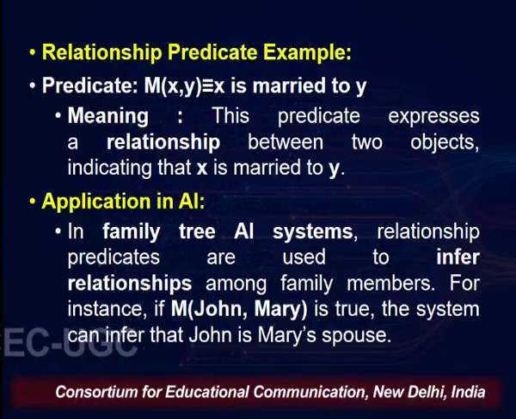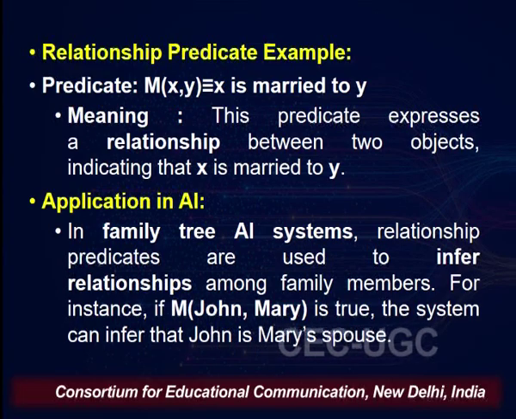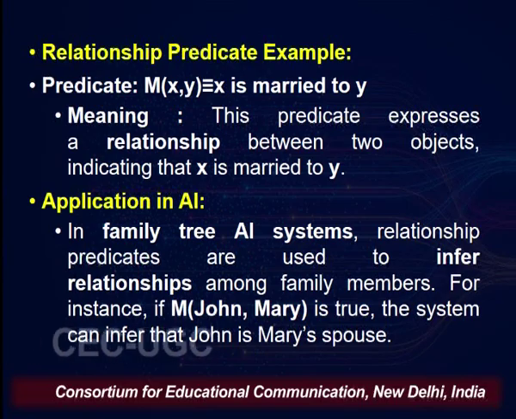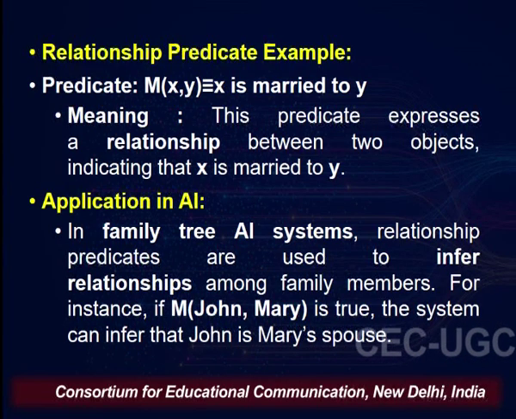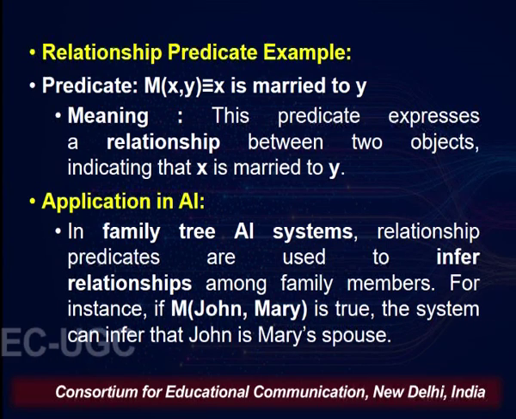Then we have relationship predicates. We have already seen an example, married, or we can just write M(x, y), which says x is married to y, meaning this predicate expresses a relationship between two objects indicating that x is married to y. The application in AI is simple: your family tree AI system, as I have already mentioned.